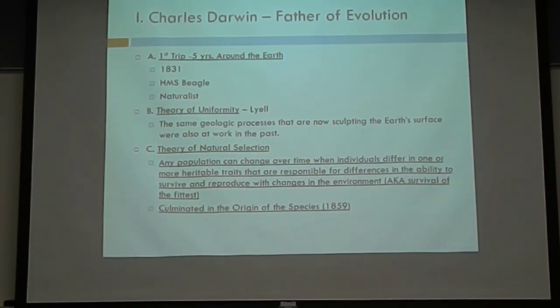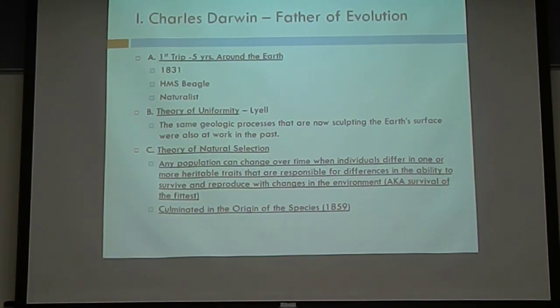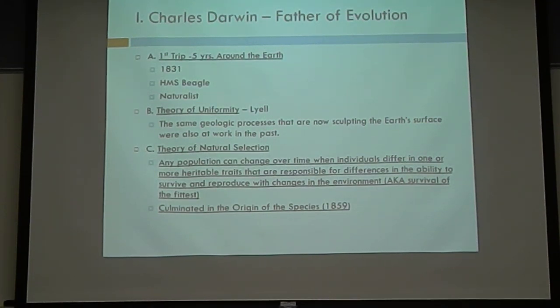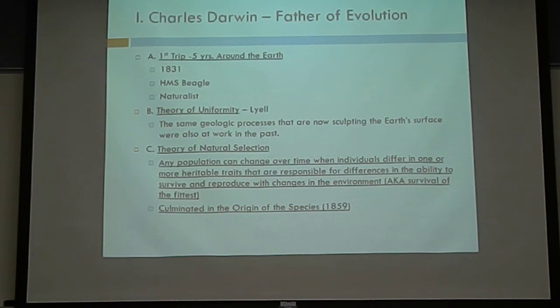This was by Lyell, a British geologist. The theory stated that the same geologic processes that are now sculpting the Earth, like volcanism, seismology, and erosion, all those things that build and break down the Earth, were also working in the past.